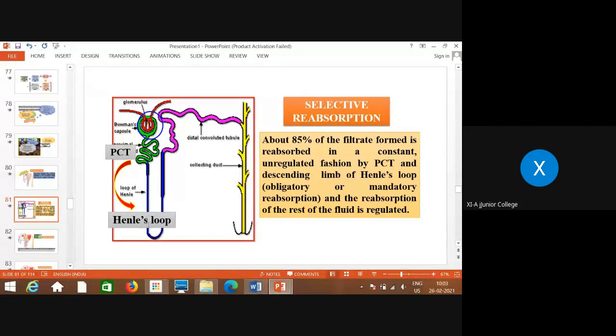Then it continues and enters the ascending limb after the U-turn. This area, the ascending limb, is impermeable to water, but it is permeable to electrolytes.